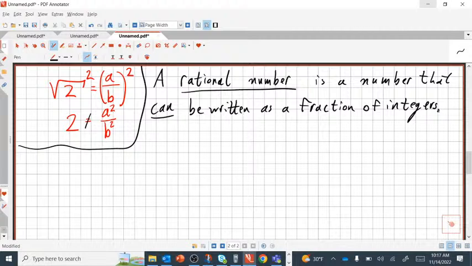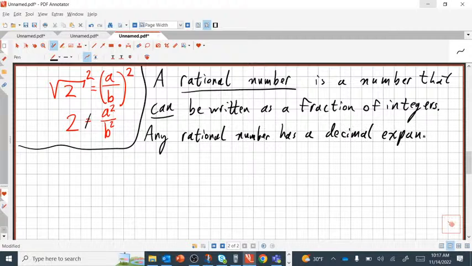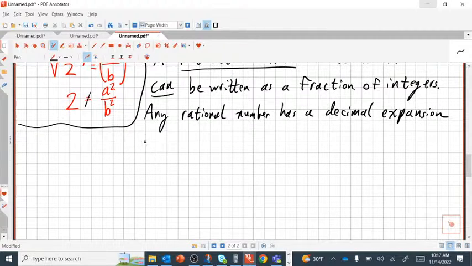Here's an interesting aside, is that because of that, any rational number has a decimal expansion, like when you write it as a decimal, that terminates, that is, it ends, or repeats.